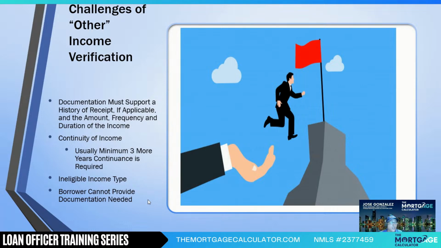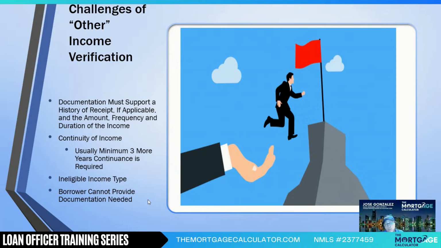So, challenge number two, and this is the biggest one, and a lot of times the most difficult one to confirm, depending on the income type. And again, remember, these challenges are pretty much applicable to all the other income types out there. Continuity of the income.